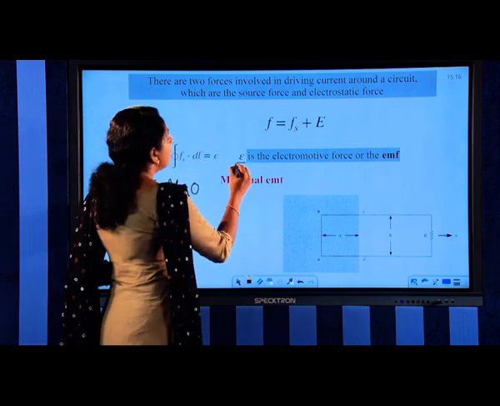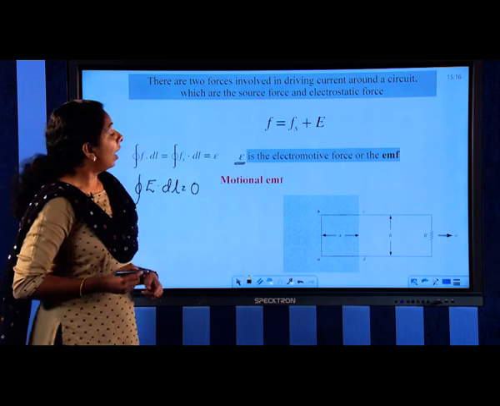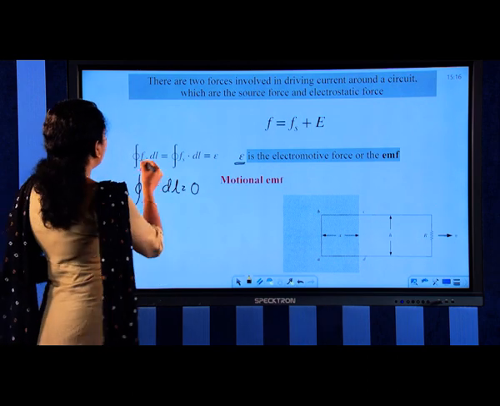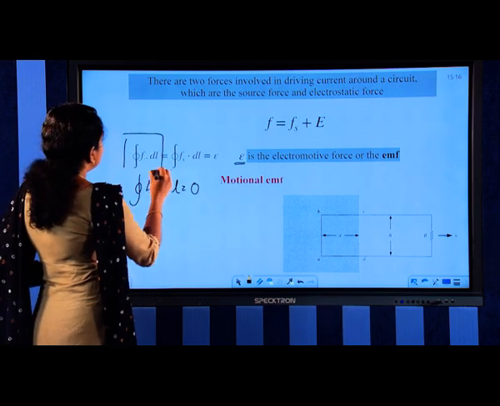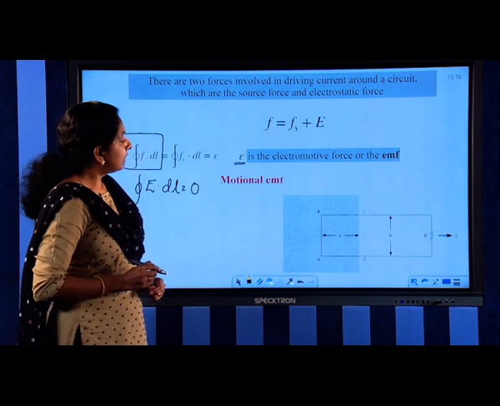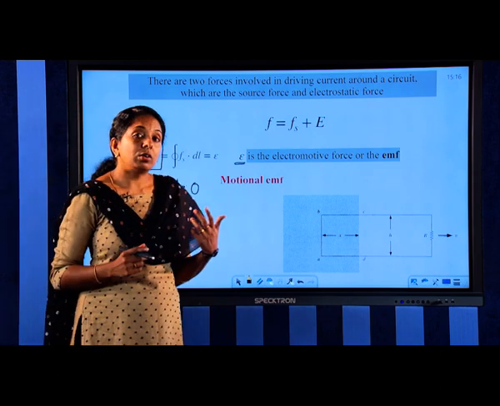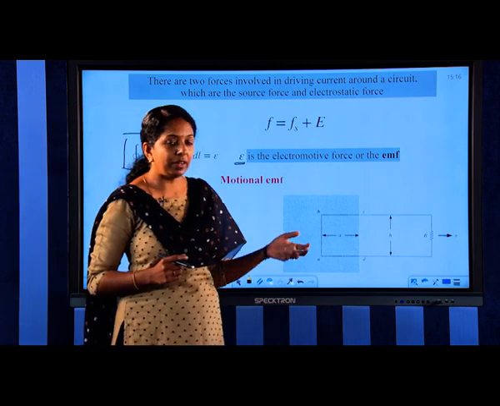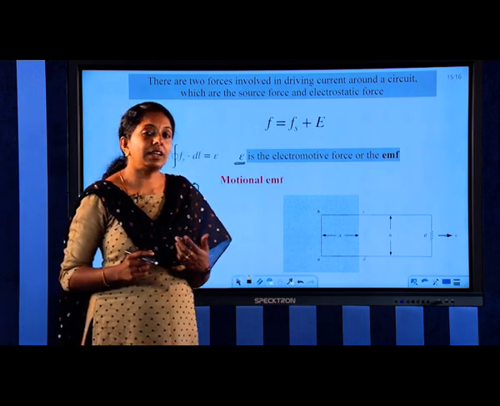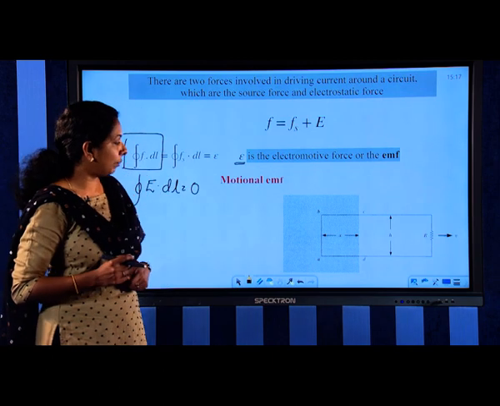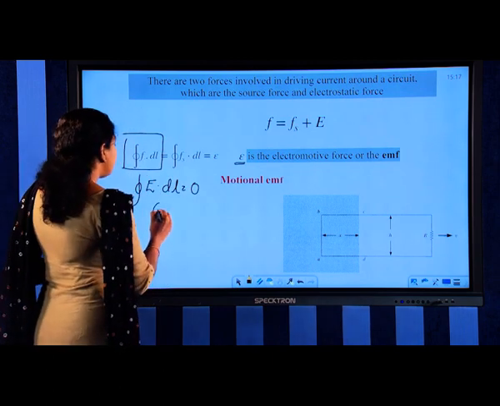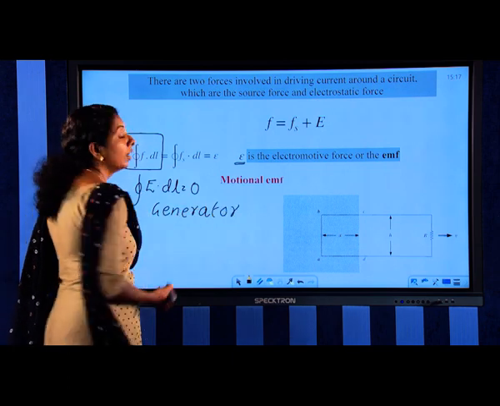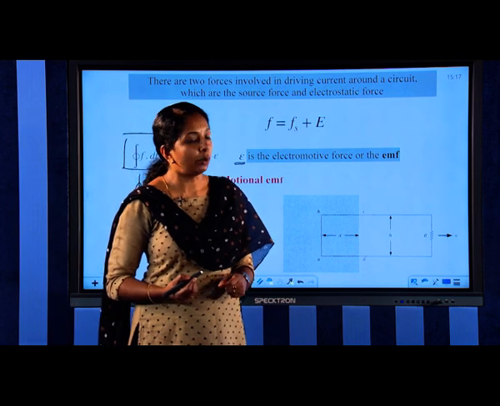So EMF is denoted by the letter epsilon, and we can see that electromotive force is the line integral of force per unit charge. Now we can describe more sources of EMF. We have described one source of EMF, that is the battery. Next, the most common source of EMF is the generator. A generator exploits motional EMF.